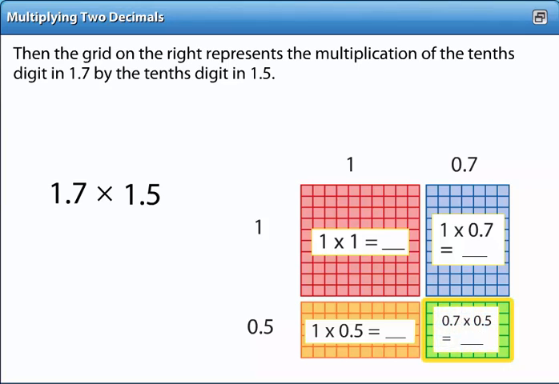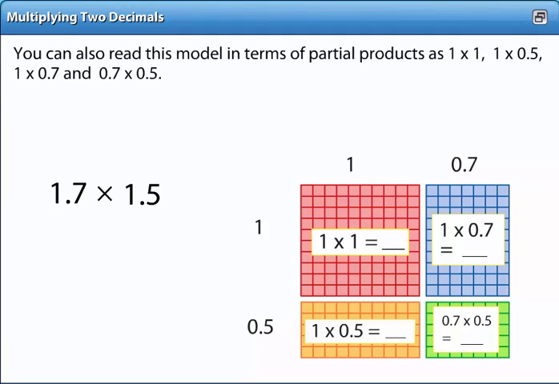Then the grid on the right represents the multiplication of the tenths digit in 1 7/10 by the tenths digit in 1 5/10. You can also read this model in terms of partial products as 1 times 1, 1 times 5/10, 1 times 7/10, and 7/10 times 5/10.